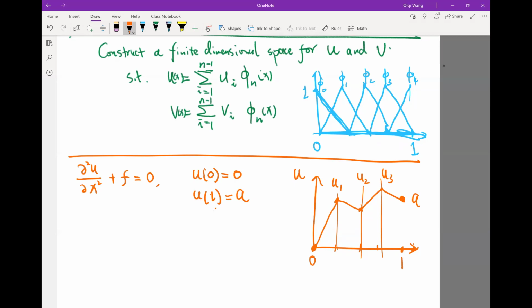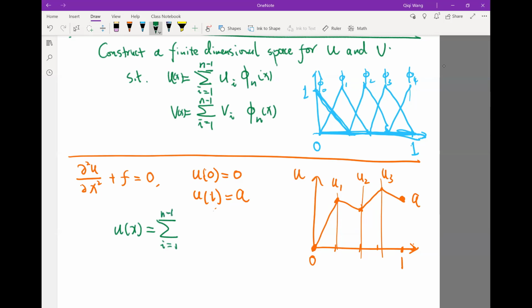So how do we represent that u as a linear combination of basis functions? How do we write u of x? We write it as a linear combination with i equal to 1 to n minus 1.